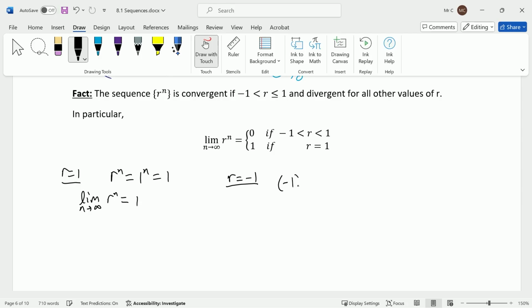That's -1 to the nth power, which we already showed diverged. Okay, so now we're going to deal with the case where r is not between 1 and -1.